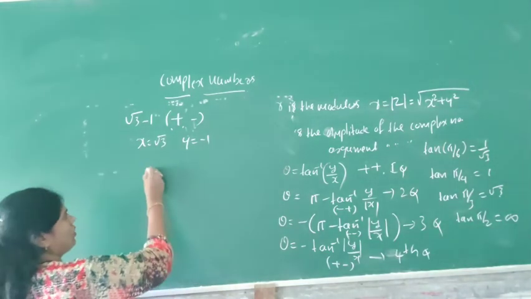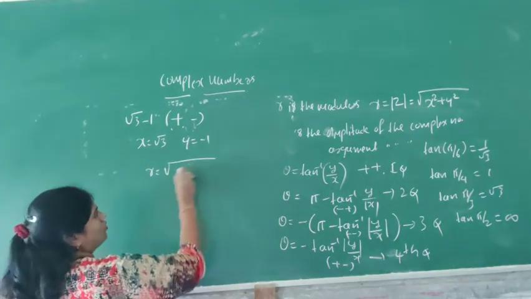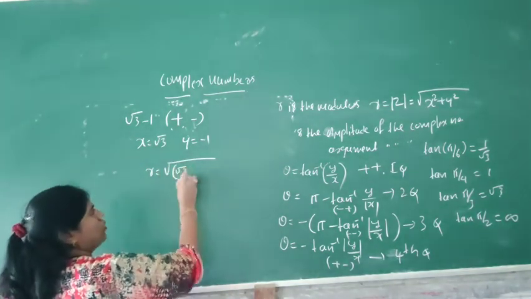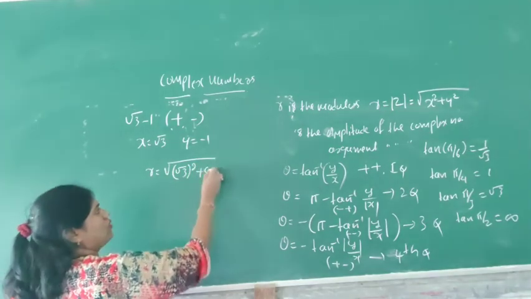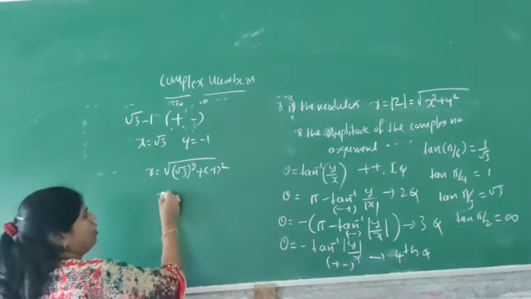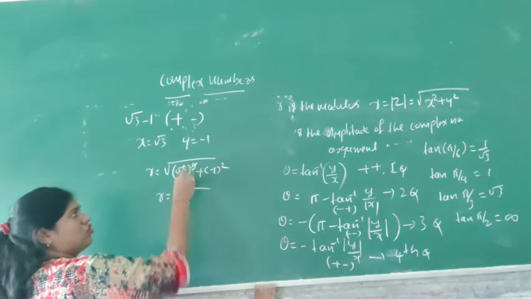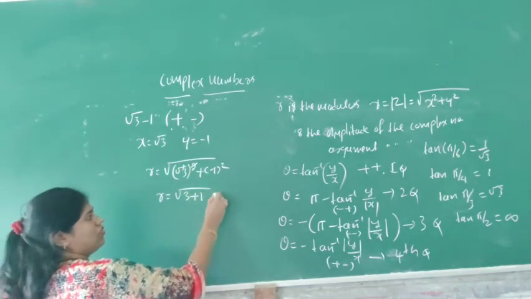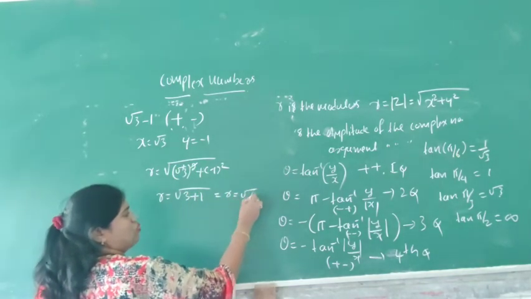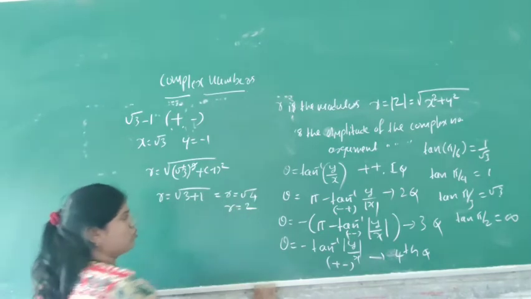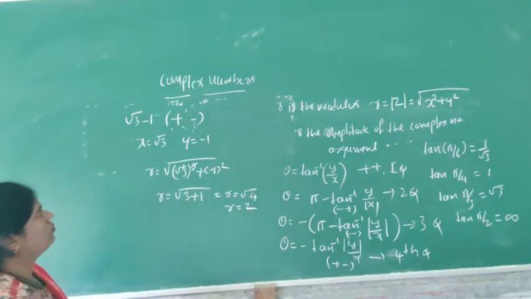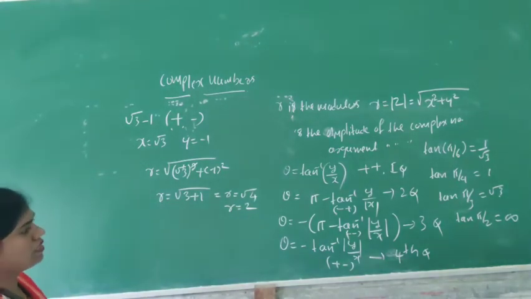What is the modulus formula? r is equal to the square root of x square plus y square. So r is equal to the square root of 3 plus 1, the square root of 4. r is equal to 2. Plus, minus is also the fourth quadrant.